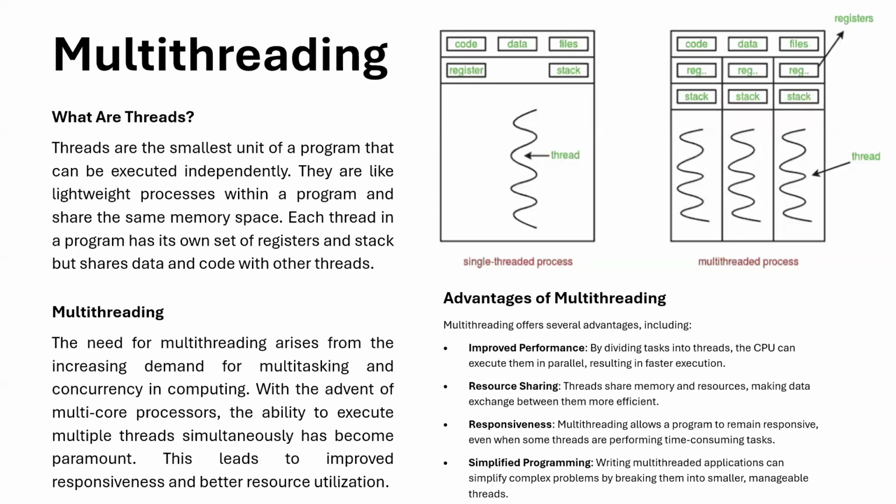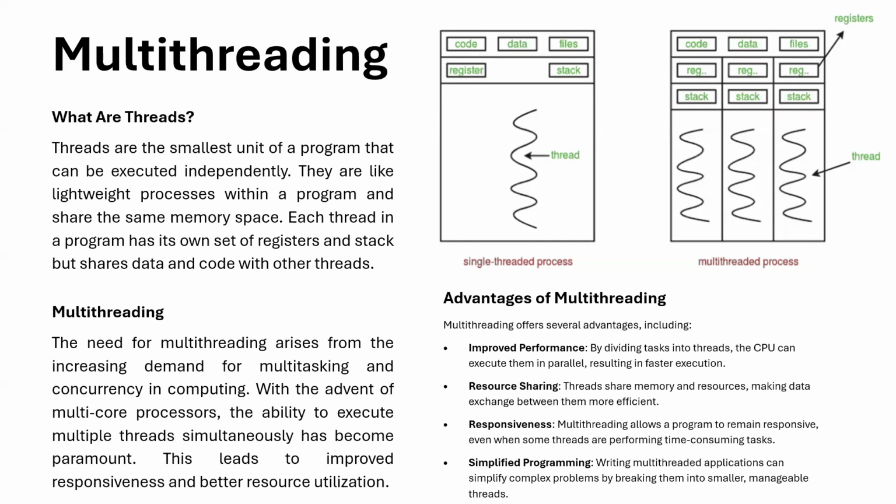I'm going to talk about bytes later, but bits, we have met bits, 8 bits, 7 bits, all those boxes I was drawing. Each of those boxes represents a bit. But when it comes to commands, we use the word thread. It's the simplest unit of a program that can be executed independently. They are like lightweight processes. They are not processes, they are part of the process, with a program, and share the same memory space.